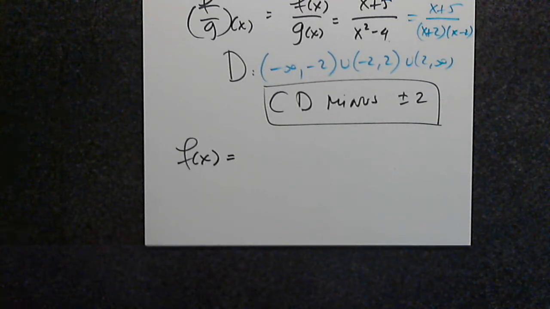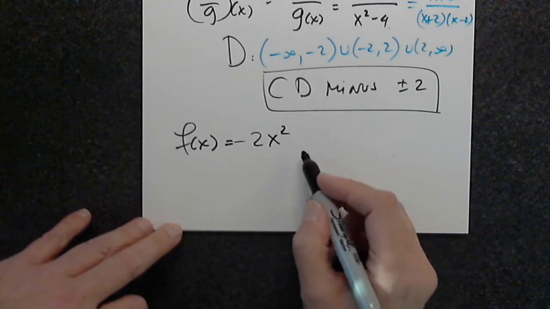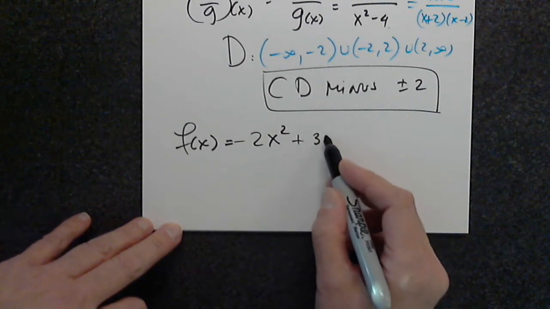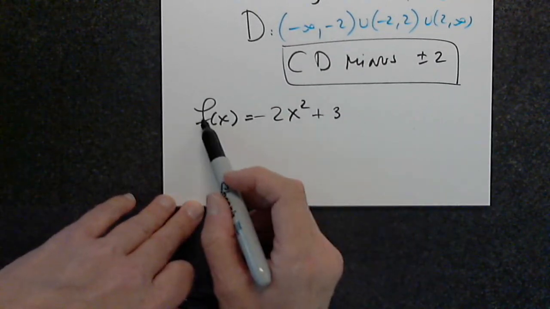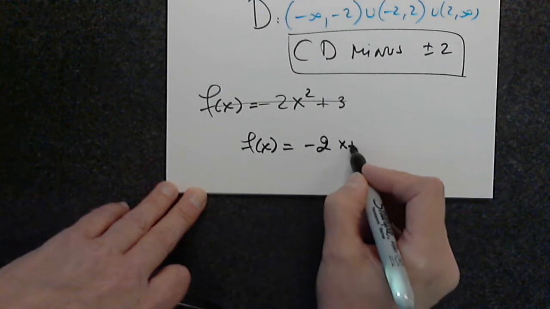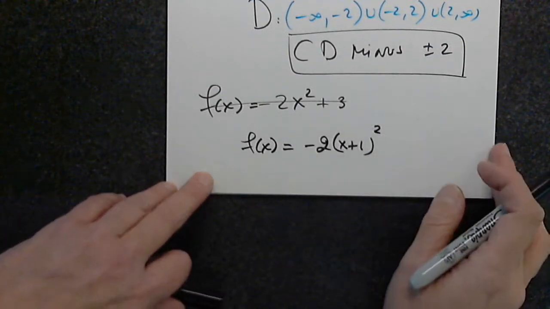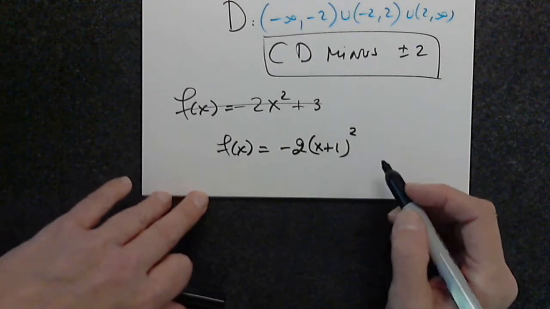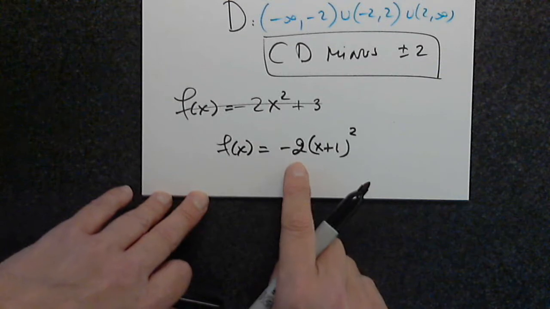I guess negative 2x squared plus 3x plus 2. This is not a transformation. So that's not a transformation, so let me make one up. Can we make one that stretches or shrinks? You mean horizontally? Vertically, yes. Yes, it's already in there.